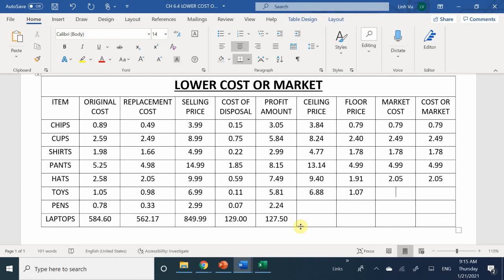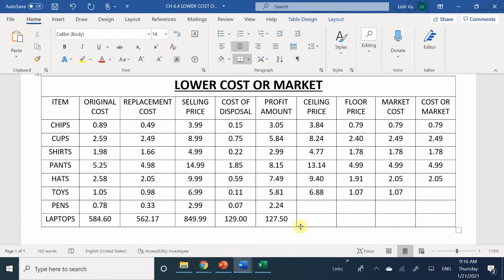So what is the market going to be? $1.05. Remember, that's the original cost. Oh, 1.07, sorry. Yes, 1.07 is going to be your market.